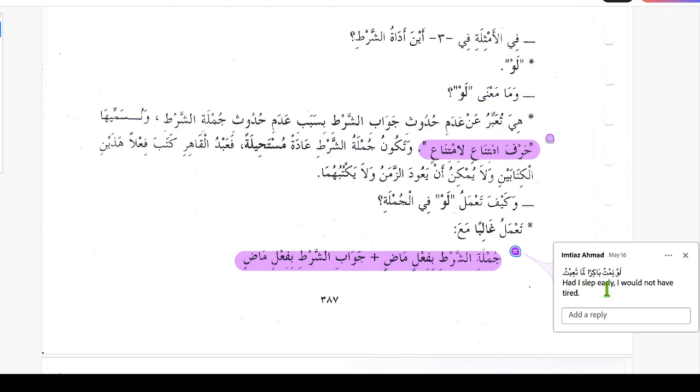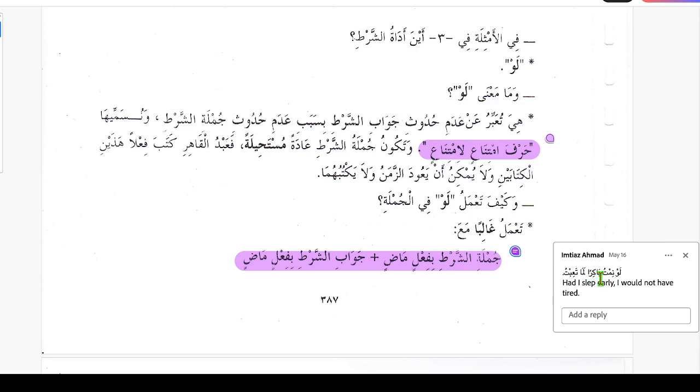Had I slept early, I would not have tired. Now, I cannot undo this, so I cannot be energetic, because the first part did not happen and it won't happen. So law is used. That is why this is called the particle of impossibility because of impossibility.